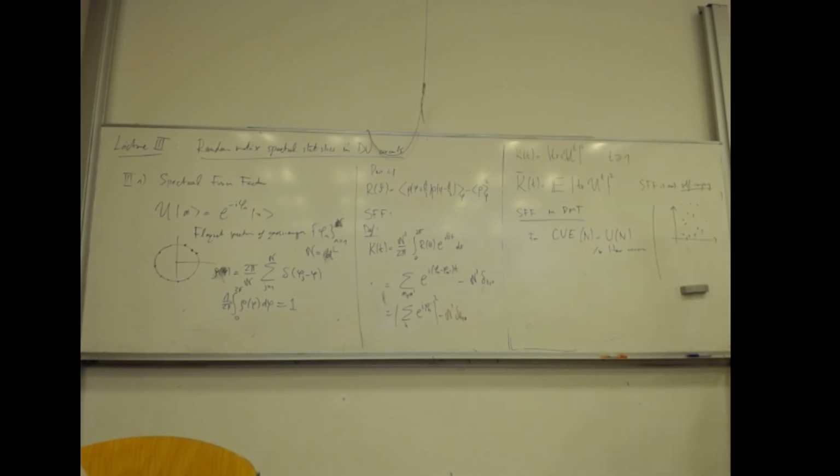Yes. Are there computations for the variance of the SFF in the CUE? Yes, yes. And how does it scale with the size of the matrix? Well, what is known is that the distribution of the SFF is Poissonian in random matrix theory.